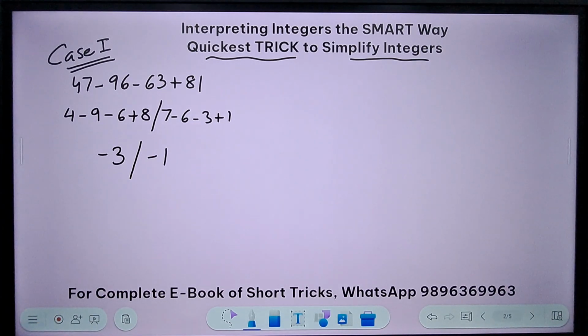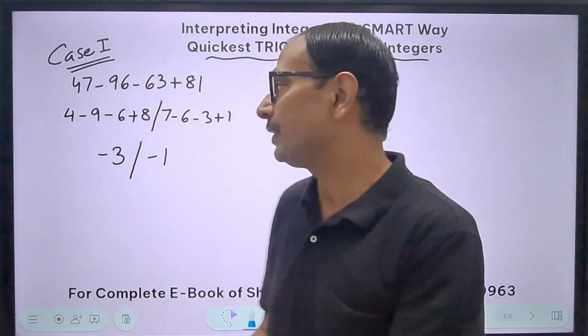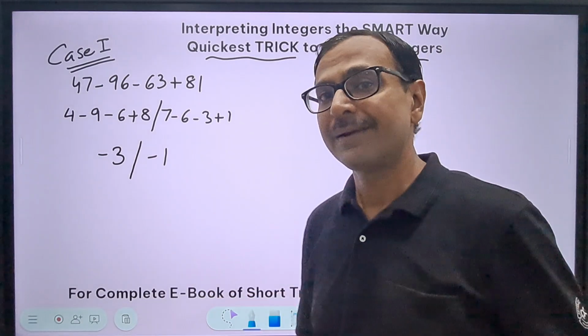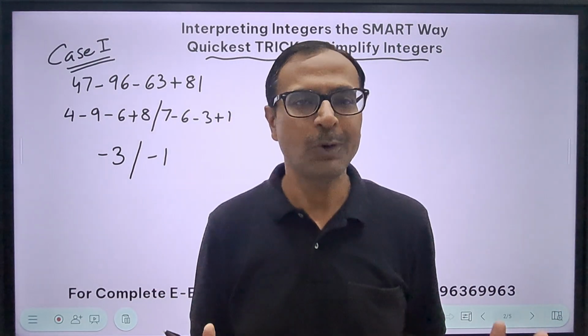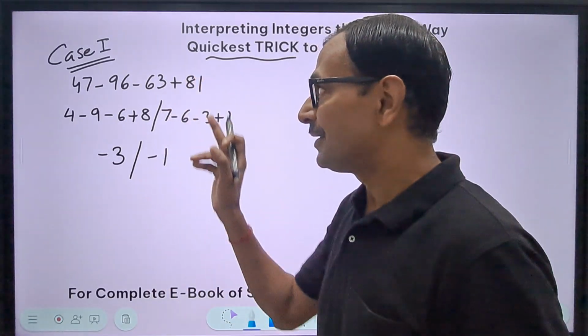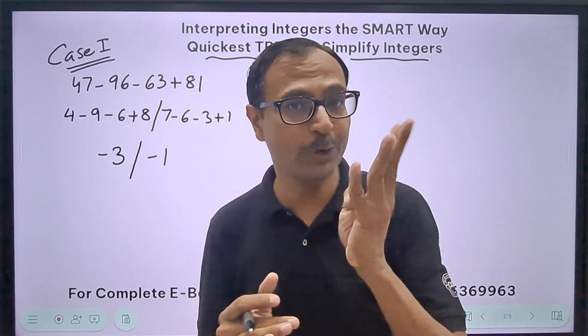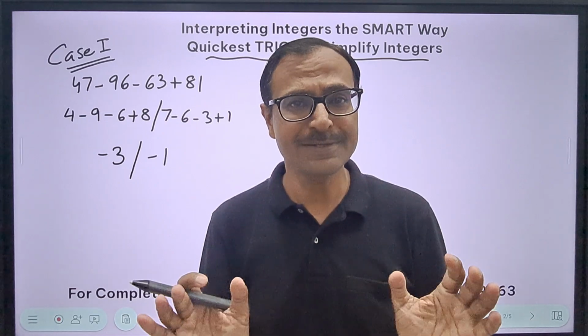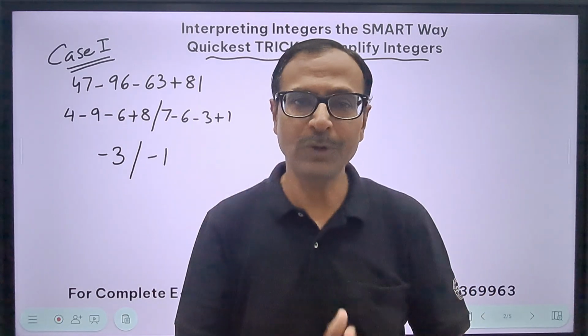Now why did I call this a special case 1? This is the case where both the results are either negative or 1 negative and 1 0. Case 1. So I have taken special examples. I'll complete the entire trick in 4 cases, and if you learn all 4 cases, all these questions, 6 integers, 7 integers, you will do in your mind.